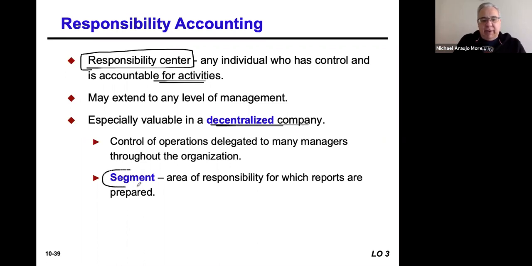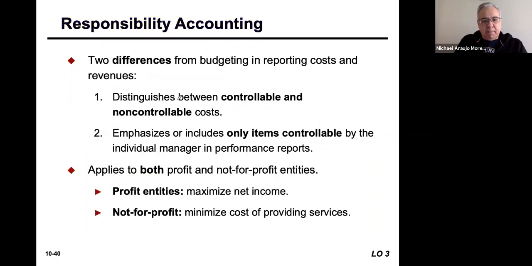Much of what they look at, in terms of responsibility, is looking at various segments of the business in order to help identify how things are going. All right, so a few things to know. When you're looking at costs and revenues, there are some differences that we have to know.